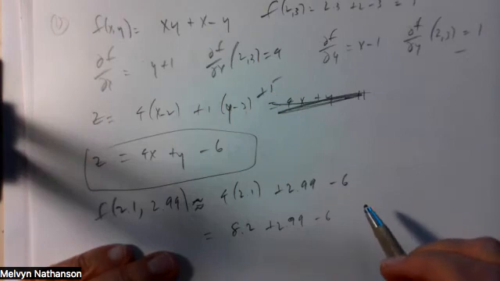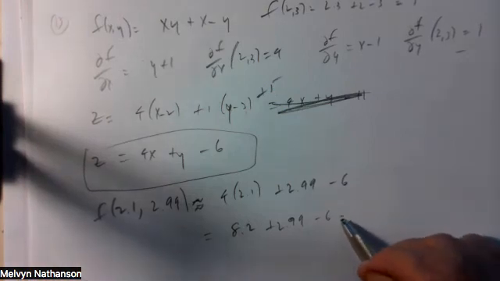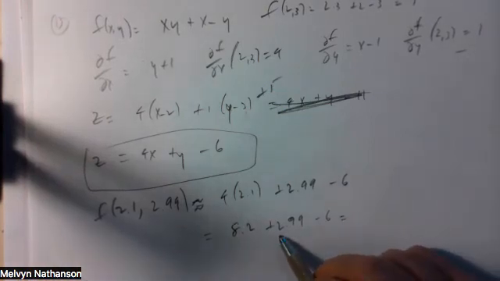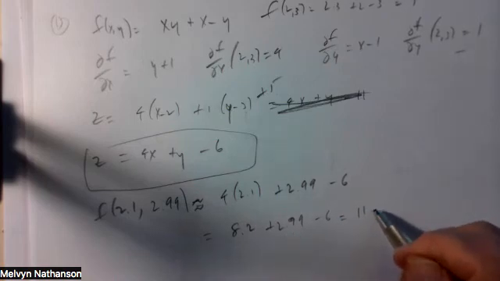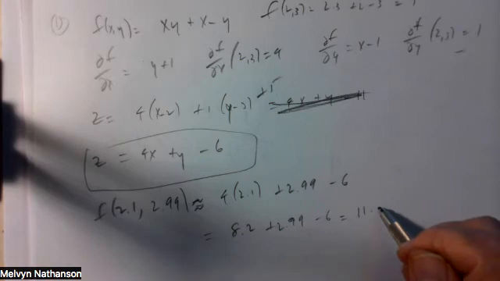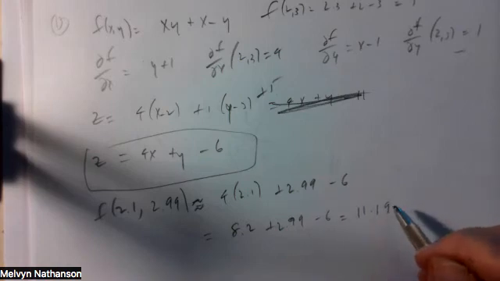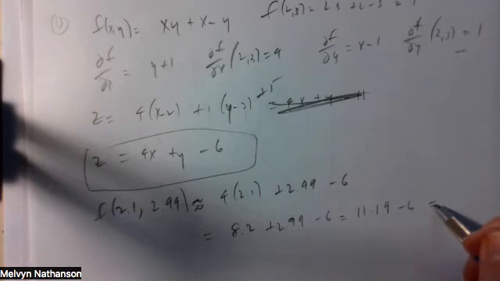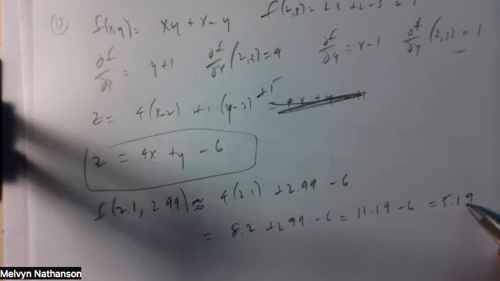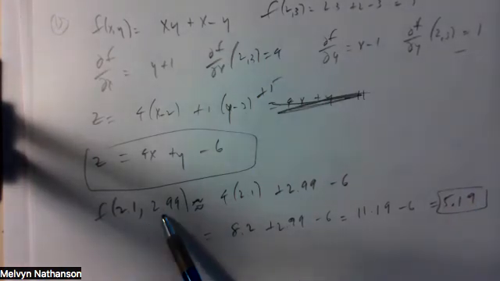So if I add this up correctly, 8 and 2 are 10, 11.19, minus 6 is 5.19. So at this point (2.1, 2.99), the value of the function is approximately 5.19.